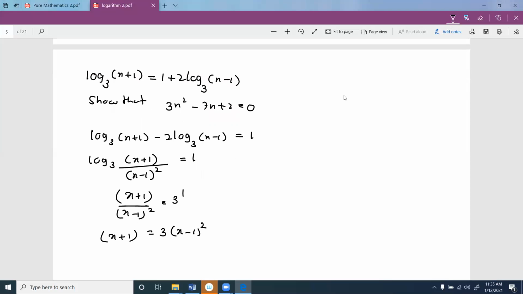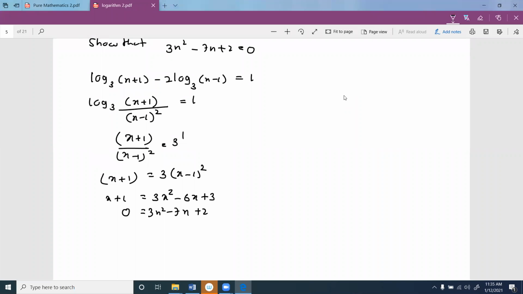If you expand this, you get x plus 1 is equal to 3 times (x squared minus 2x plus 1), which is 3x squared minus 6x plus 3. If you bring all the terms to one side, it turns into 3x squared minus 7x plus 2. That's it. So from there you can get this answer. These are the extensions they ask in this kind of question. Right. Okay.